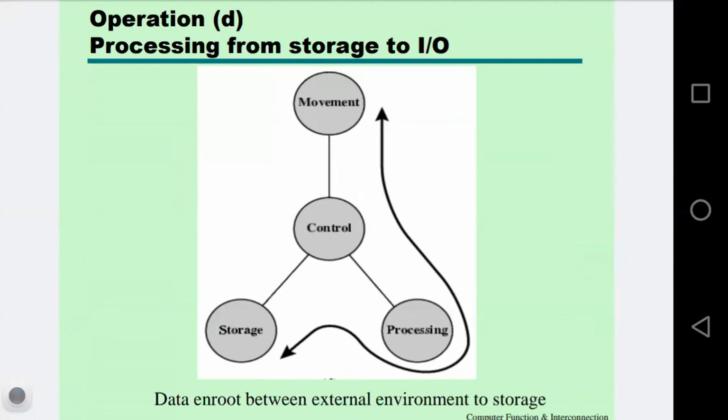So data movement is from the external environment, and it is in zip form. Processing is required, and after processing the data is stored into your hard disk. So that is one kind of operation.